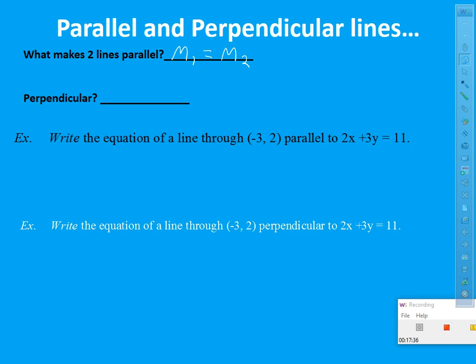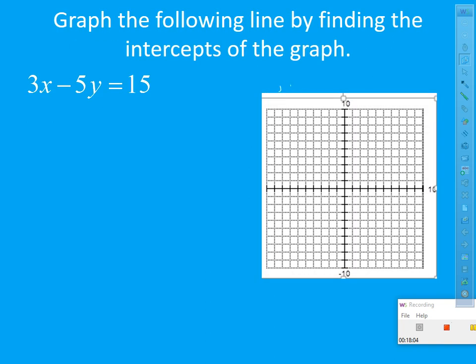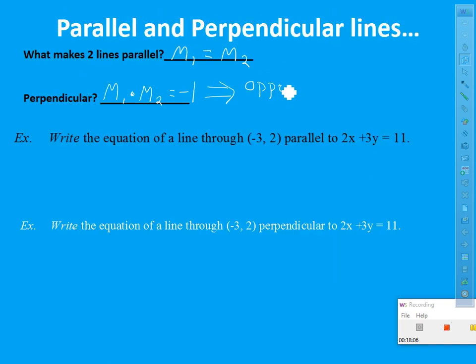What makes 2 lines perpendicular? I'm going to give you a college algebra book definition of it, but we'll talk through it. 2 lines are perpendicular if the slope of one times the slope of the other is negative 1. You've heard it a little bit different throughout your life. 2 lines are perpendicular if their slopes are opposite reciprocals of each other.